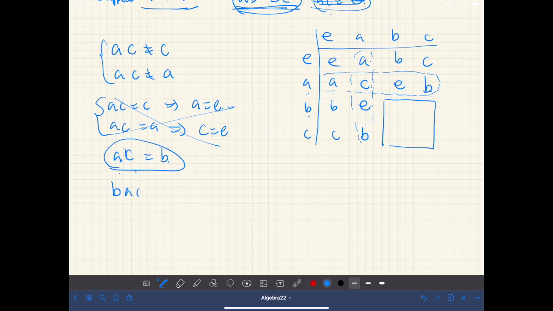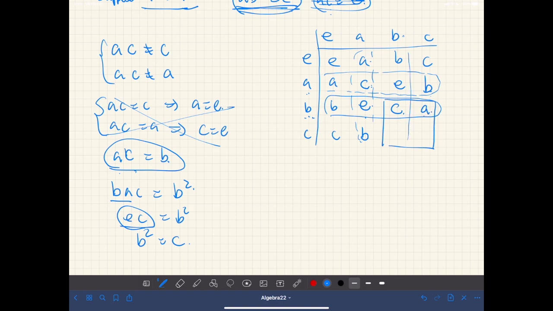So we have BAC equals B squared, but BA is E. This part is E. So EC is equal to B squared, so B squared is equal to C. So B squared is equal to C, and the only remaining element in this row is A.